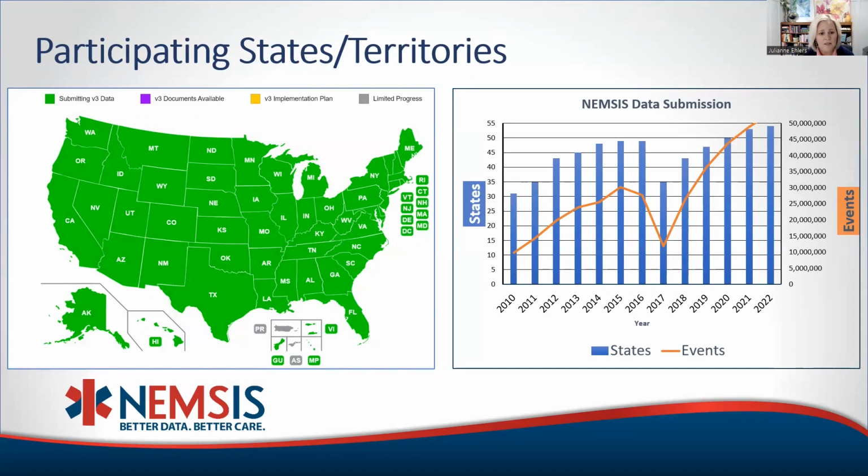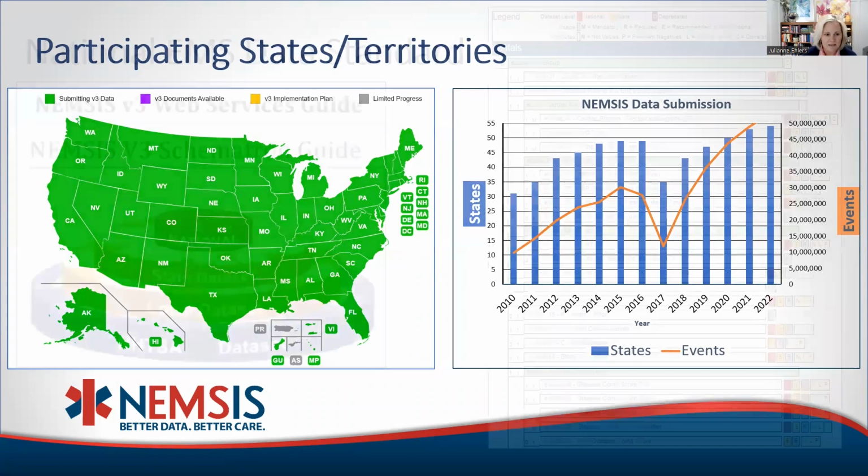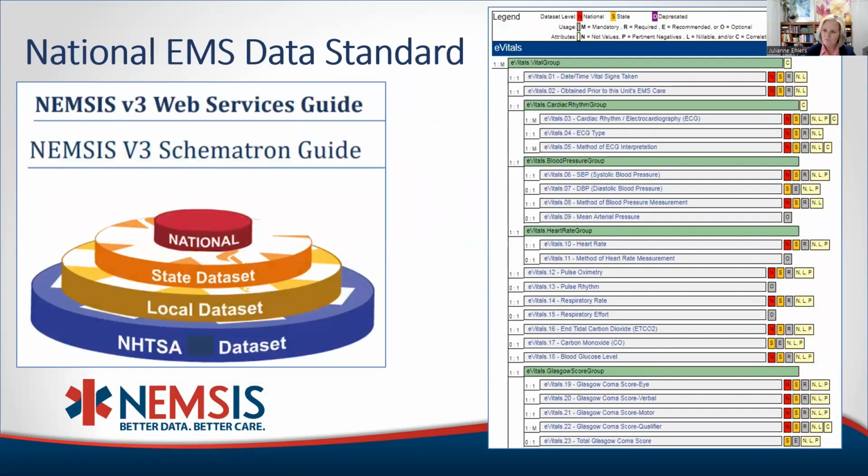And then the state works very closely with their PCR vendors and with the NEMSIS tech to make sure all of that data gets reported to the National EMS Repository. For last year, we're looking at about 51 million records submitted for 2022. So it's an enormous amount of data that's being shared from every state. And we're going to show you how to get to some of that data as well.